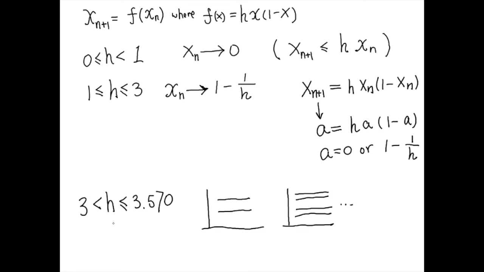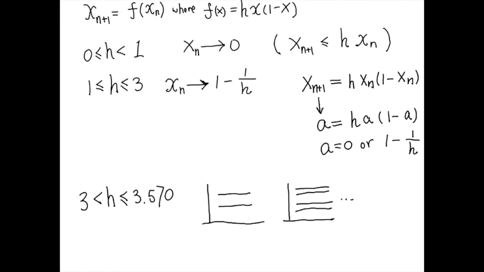When h is between 3 and 3.57, even when n is very large, you see 2 lines. Sometimes you see 4 lines. You will see 8 lines. If you have a better graphic computer, you can see 8 lines and 16 lines, things like that.